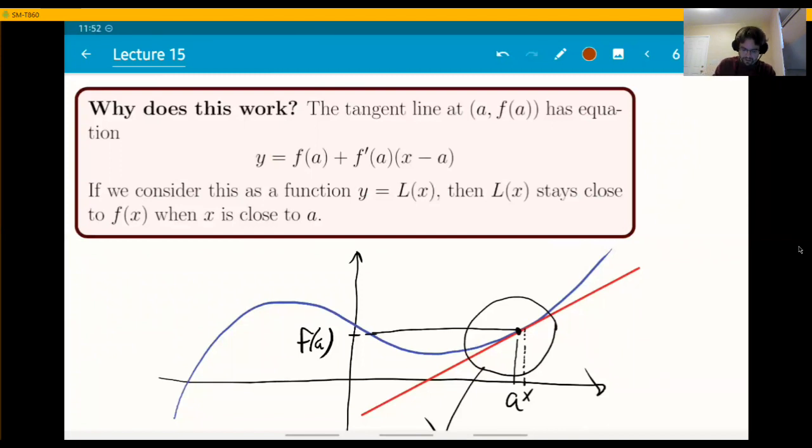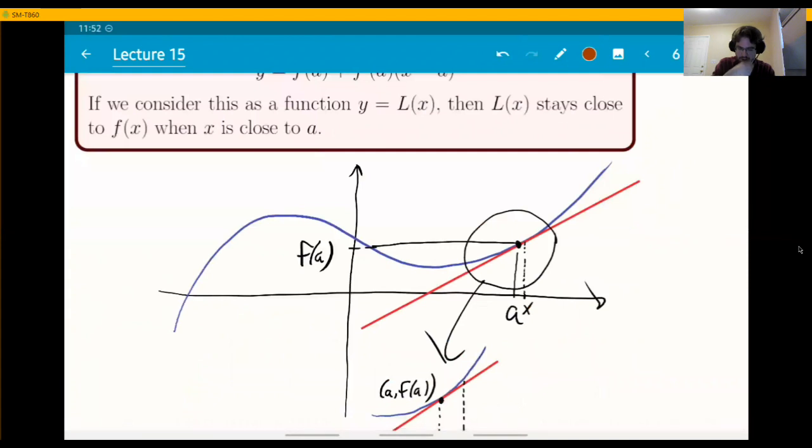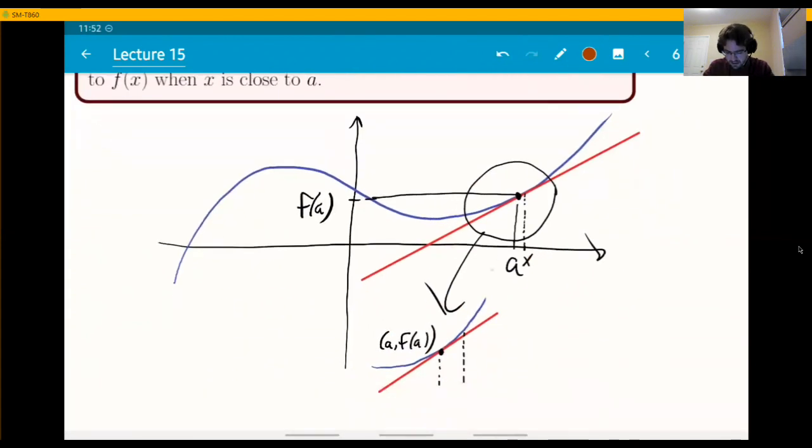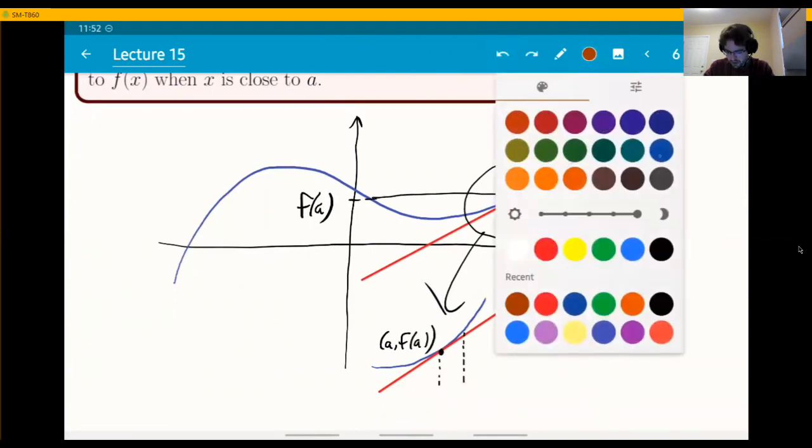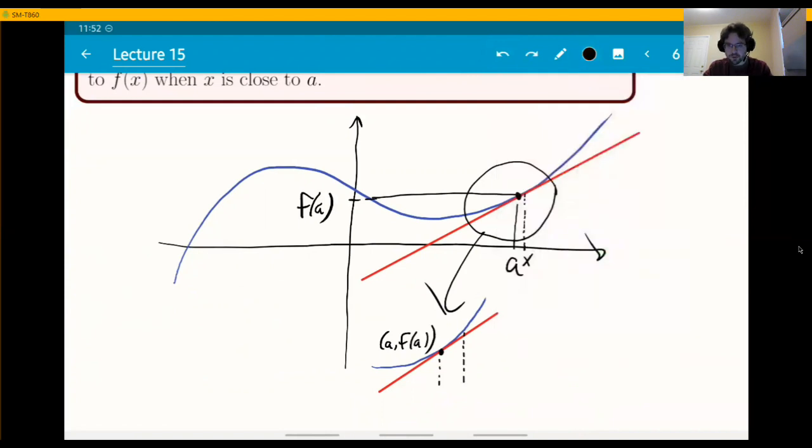That's the whole idea. So imagine you have a function that's the blue line here, and you're talking about a number a, and also about a number x very close to a. Okay, I should probably erase this x. It looks like an exponent here, a to the x. That's not what I mean. You have two numbers, a and x.